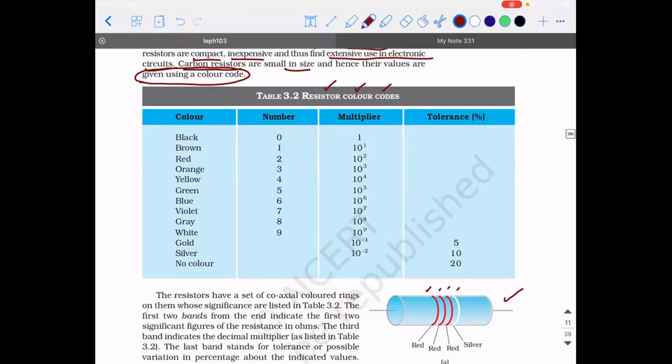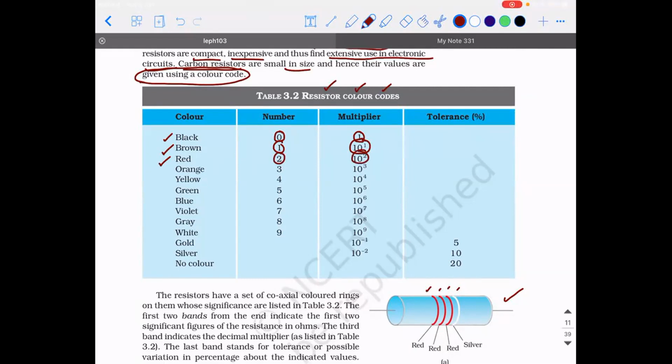Suppose you see a black color present on the resistor, that black color will have a number 0. Okay. And it has a multiplication factor of 1. Suppose you see brown color, then brown will have a number 1 and the multiplier is 10 power 1. Multiplier means you need to multiply it with 10 power. Now, I'll tell you what a multiplier means. Okay. Red, if you see red, you will have 2 and its multiplier is 10 power 2.